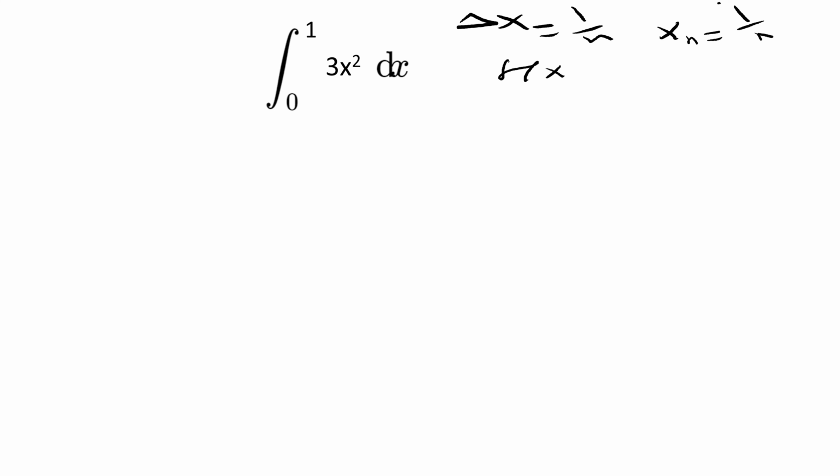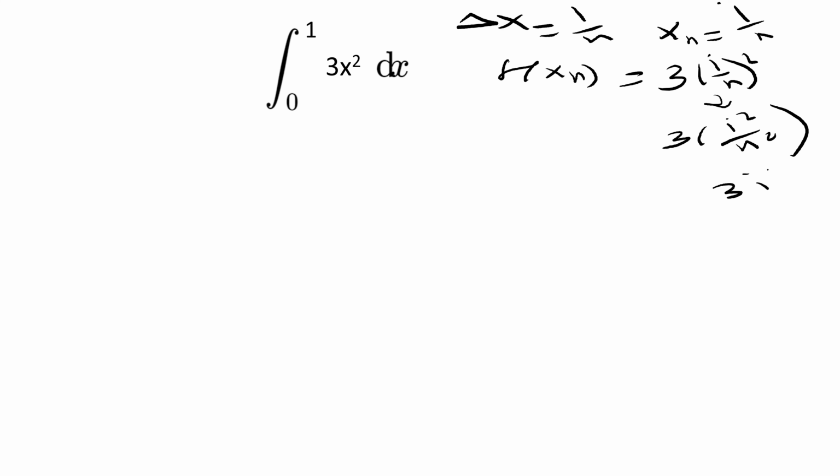And f of xn would give us 3 times i squared divided by n squared.